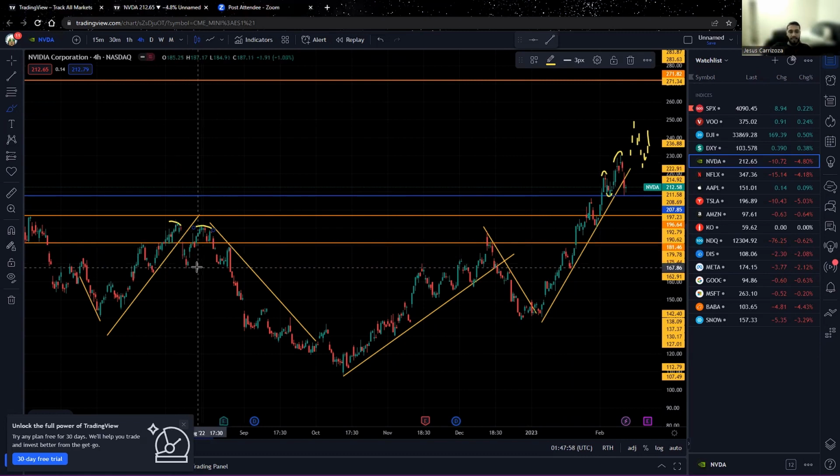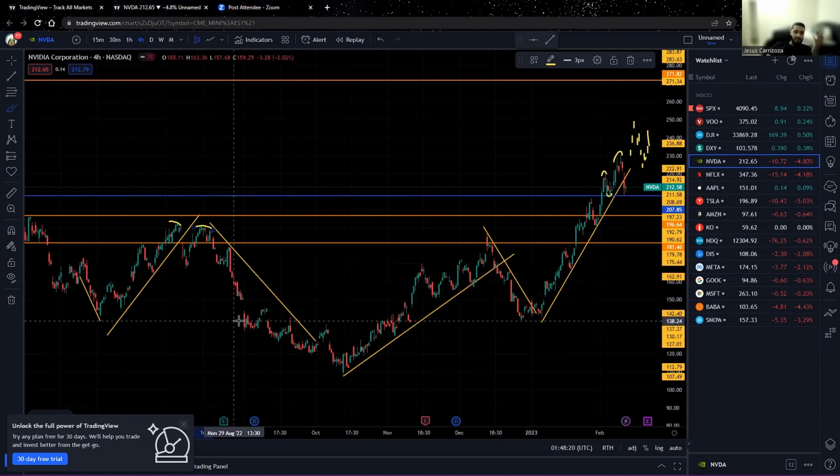And what happened was, yes, we got a move up, but on a shorter time frame, like a 30 minute, it's gonna look like an uptrend. But if you zoom out, you go, oh damn, we failed to go higher. Let me identify a new trend, and that's exactly what happened.